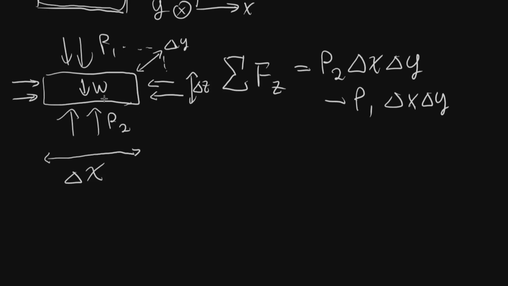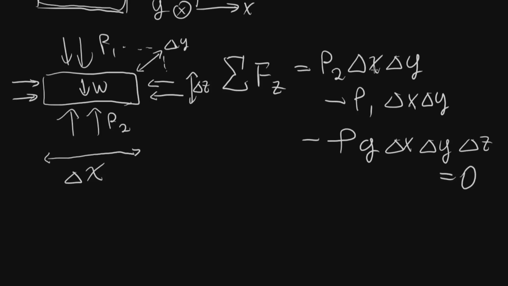And then in the z direction, we also have a weight force. Our weight force is mass times gravity. But since this isn't really helpful with the other ways that we have things defined, instead of using mass, we're going to use density, which is mass per volume, times the volume of this slice, which is delta x, delta y, delta z. All of that has to equal 0 because we're in equilibrium.